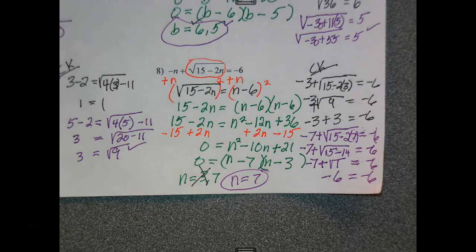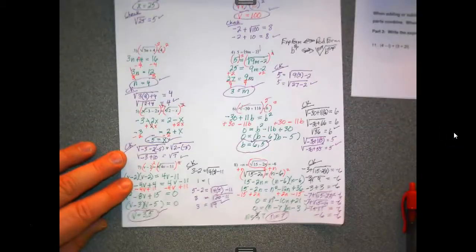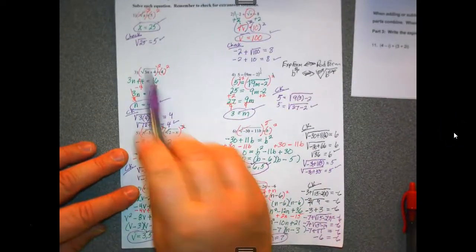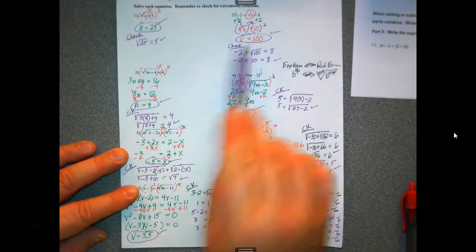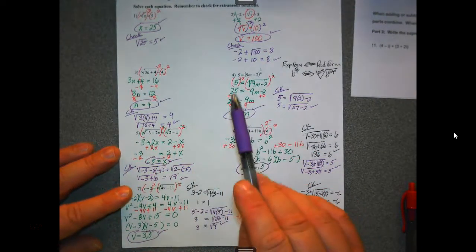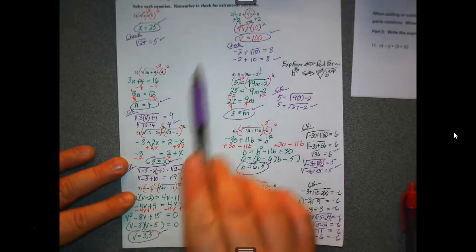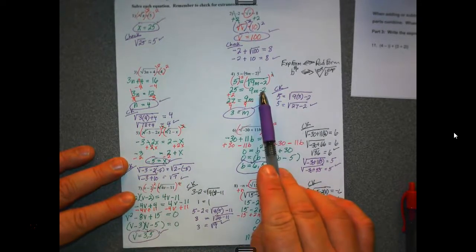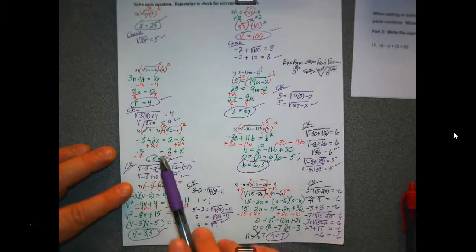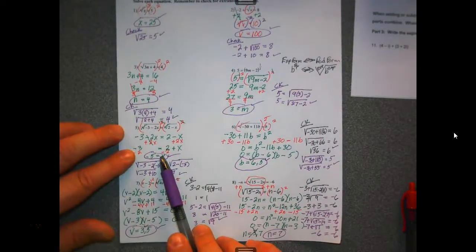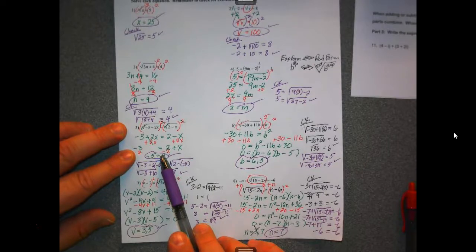Okay, I told Logan there's an easier way to check these. First of all, when we solve these and we do not have a quadratic, like numbers 1, 2, 3, 4, 5, no quadratics, right? They're linear.